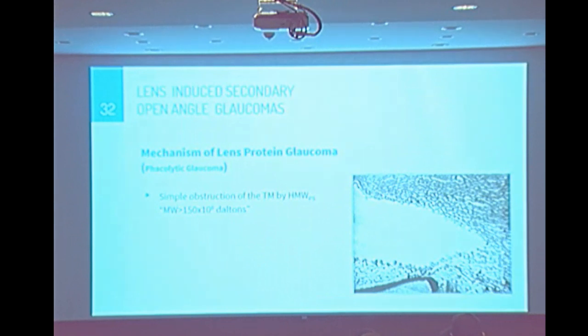So the mechanism is simple obstruction of the trabecular meshwork by heavy molecular weight proteins. These are giant molecules forming with time and aging, about 150 multiplied by 10^6 Daltons. So it is a large molecule. And the macrophagic response, probably, is not an obstructor.